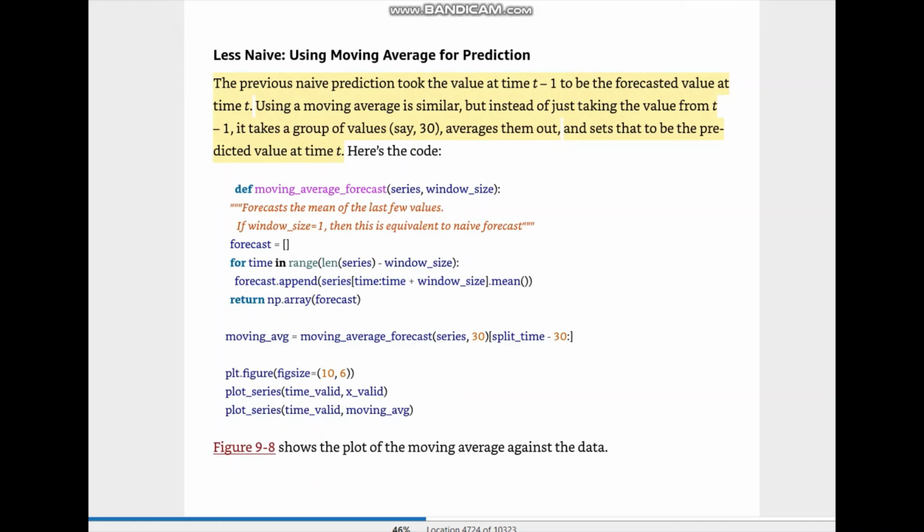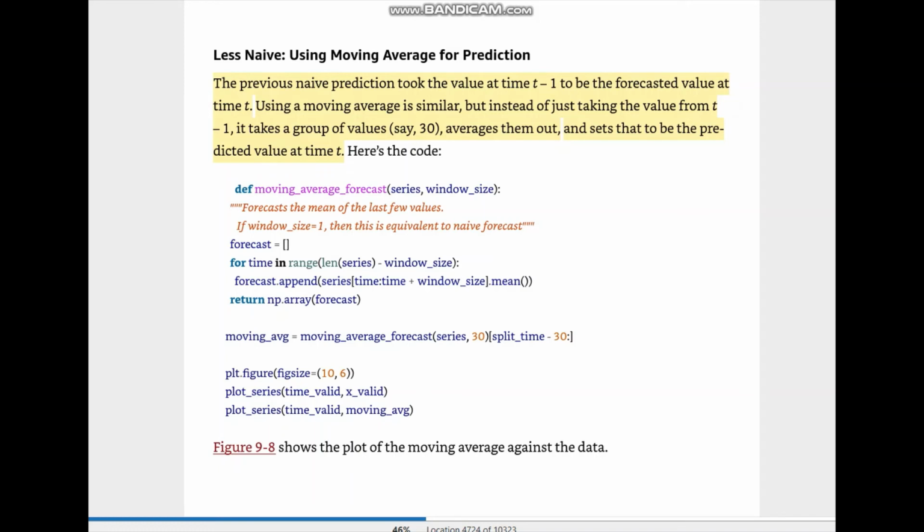Using a moving average is similar, but instead of taking the value from t minus 1, it takes a group of values, say 30, averages them out and sets that to be the predicted value at time t. So instead of using the value at t minus 1 to predict t, we'll be using the average of the 30 values before time t to predict the value at time t.